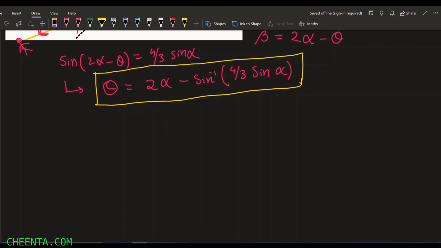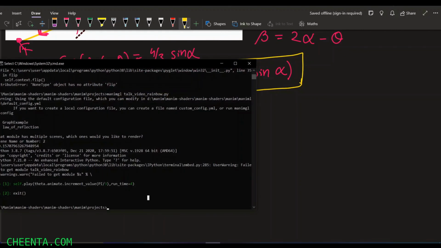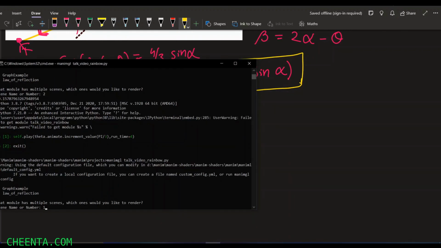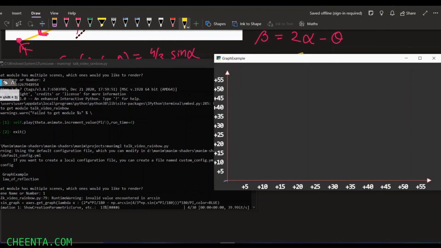So how can we find the maximum? Well, before that, let me show you the plot of theta versus alpha. So here I have plotted theta versus alpha.